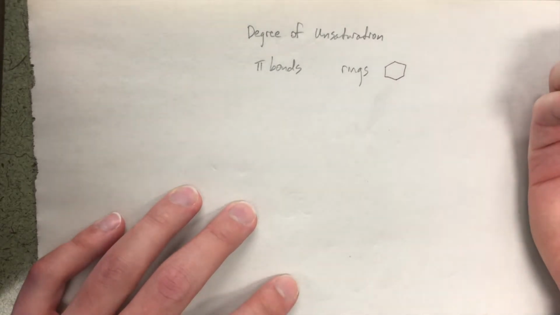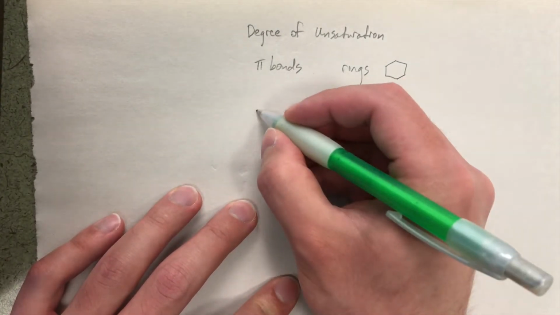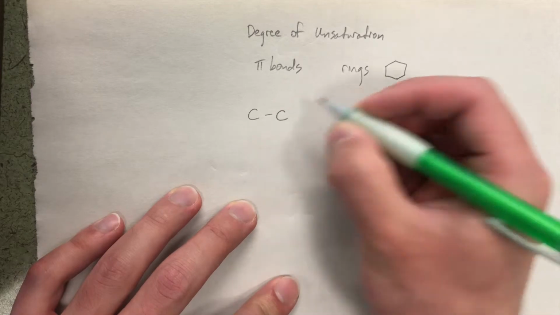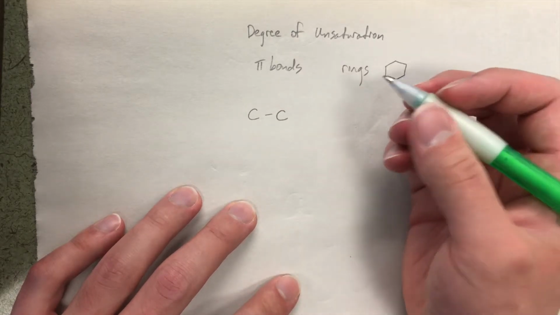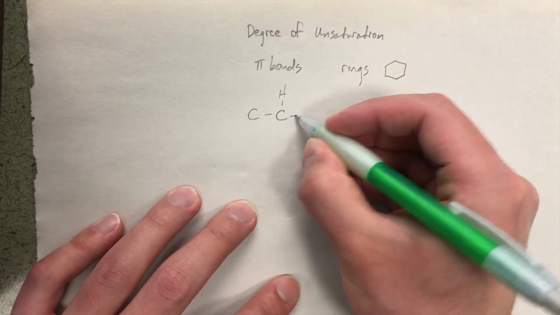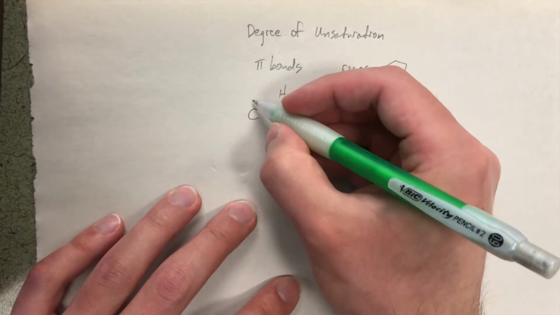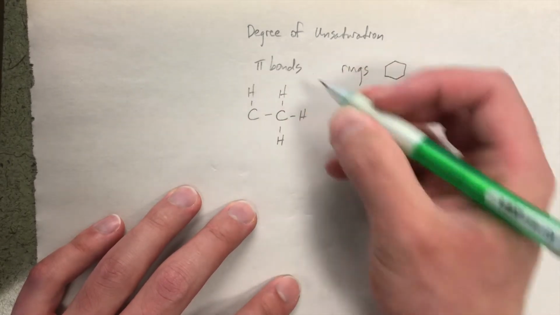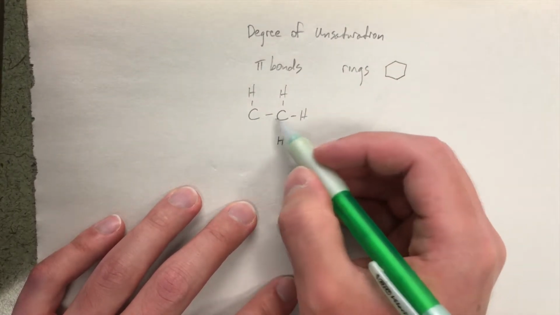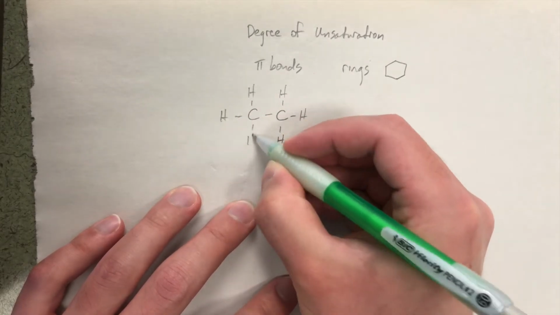And so if we take the example of, say, ethane, which is 2 C's, ethane is completely saturated, so it has the maximum number of hydrogens possible. So carbon can make 4 bonds. There's 1 bond to each carbon, and then we have 3 hydrogens on top of it.